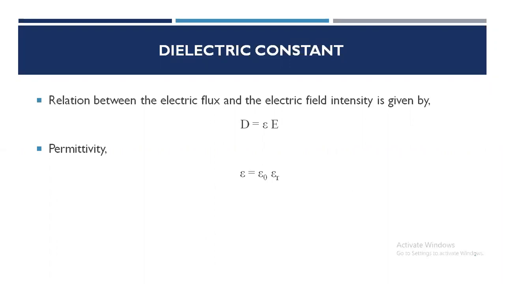It is indicated with epsilon 0 and has the value of 8.854 into 10 raised to minus 12 farad per meter. The dielectric constant of a material may be expressed by epsilon r, called the relative permittivity. That relative permittivity is for media other than vacuum or air.